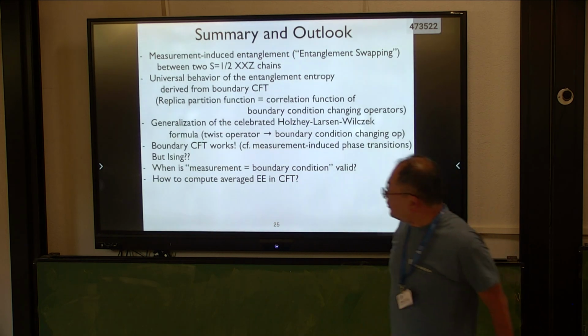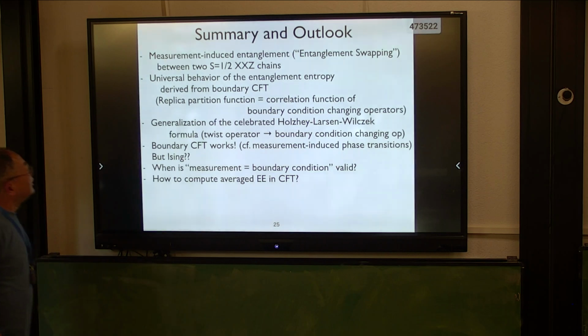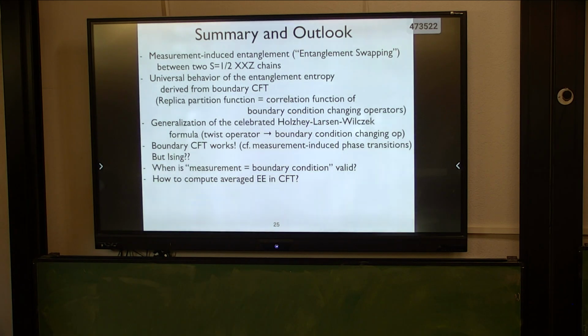So yeah, to summarize, we consider the many-body version of entanglement swapping, which I could also say is measurement-induced entanglement between two spin-1/2 XXZ chains. That is, doing the Bell pair measurement in only one region of the chain, and not doing anything on the rest of the system. But then after the measurement, somehow entanglement is generated between two unmeasured regions.